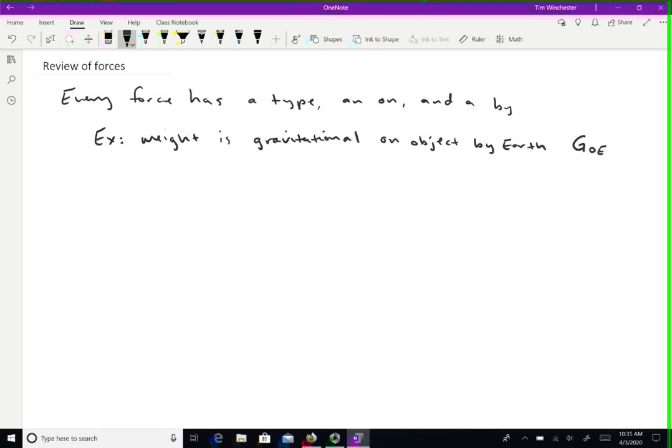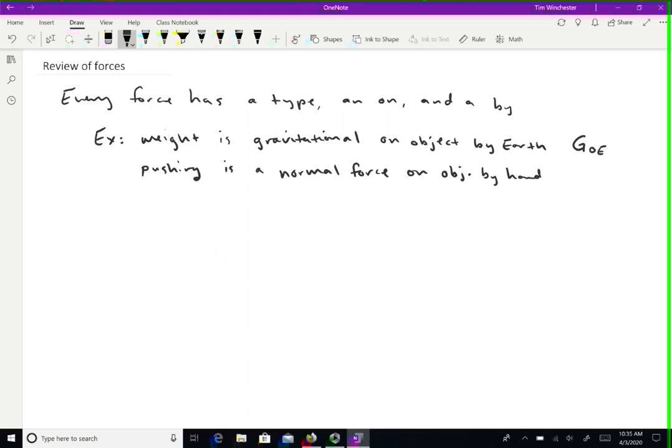Another example is I could just push on an object. I could take a book, for instance, and push it across the table. So an ordinary push is what we call a normal force. And that is again on an object, this time by, let's say, my hand.